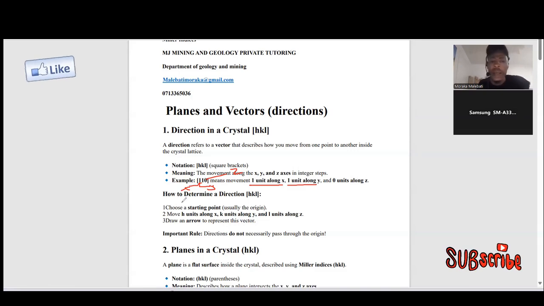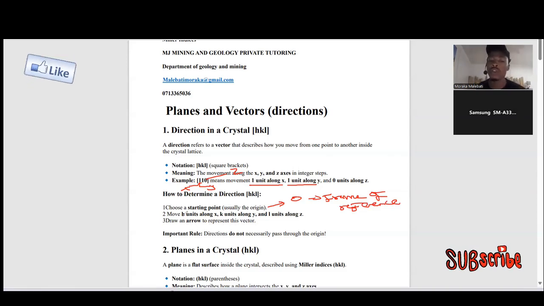But now, how do you determine this direction? You choose the starting point, usually zero, as the frame of reference. Then you move h units along the x, k units along the y, and l units along the z.